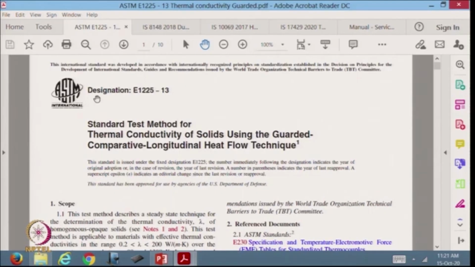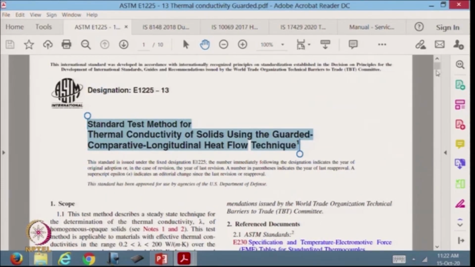The standard designation is given here at the top, and this is E1225. This is ASTM standard E1225, which is a standard test method for thermal conductivity of solids using the guarded comparative longitudinal heat flow technique.